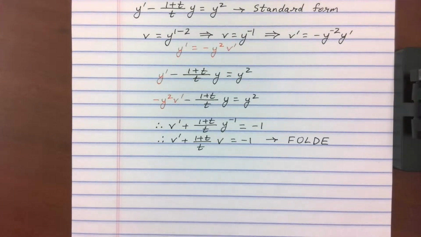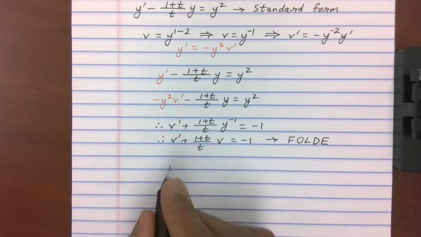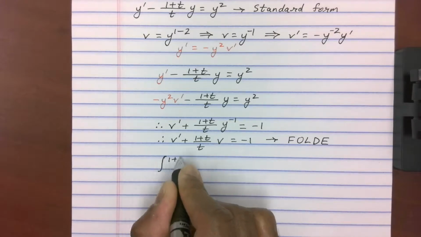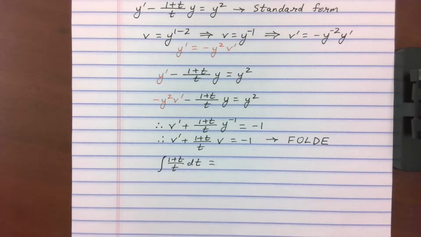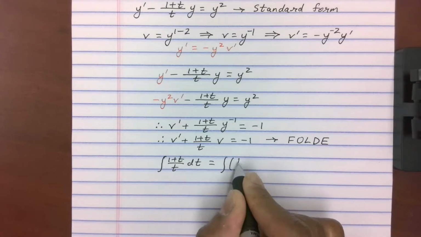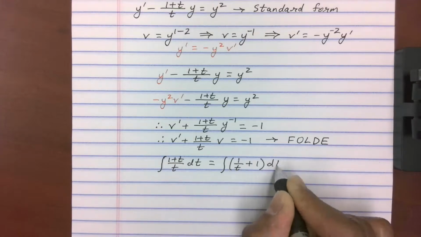So for the integrating factor, we must integrate the coefficient function on the term V. So let us first start by integrating this coefficient function. So the integral of (1 plus t) divided by t with respect to t can be simplified as the integral of 1 divided by t plus 1 dt.